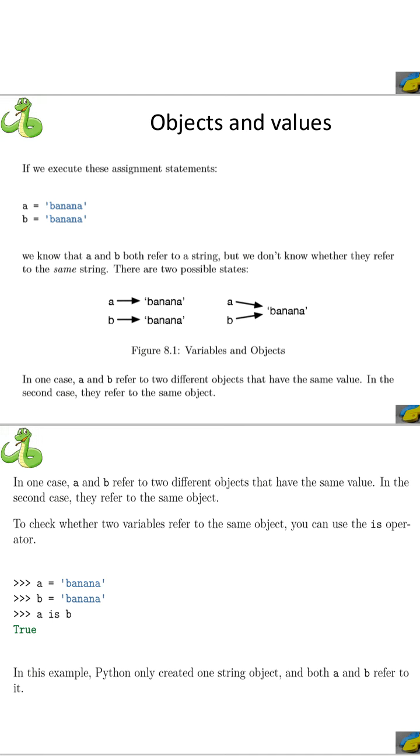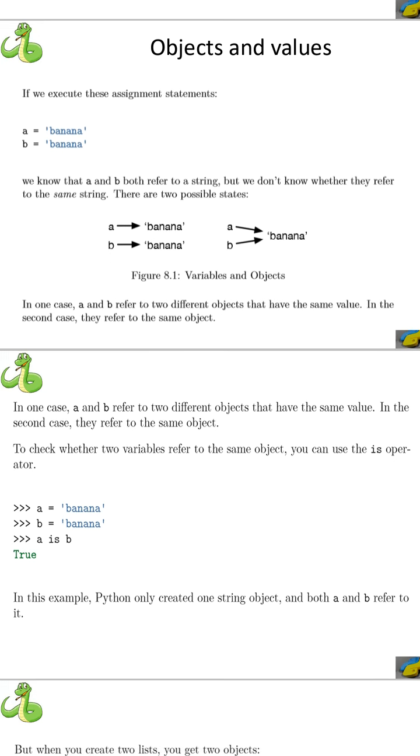As it says, there are two possible cases as shown below, like A arrow banana and B arrow banana. In the first case, if you observe, both A and B refer to the content banana, but the reference to the banana is not the same.